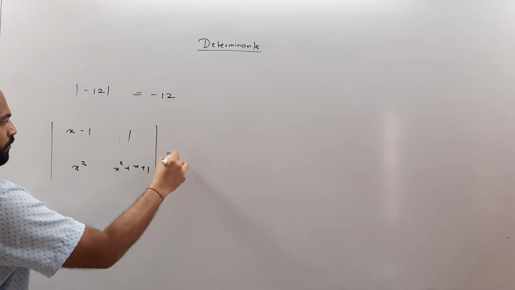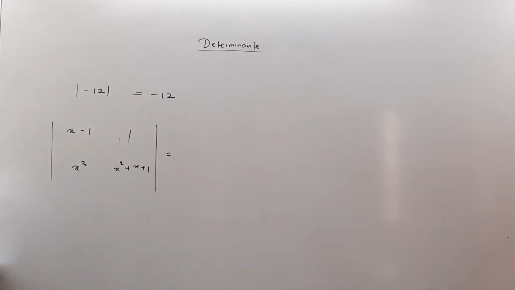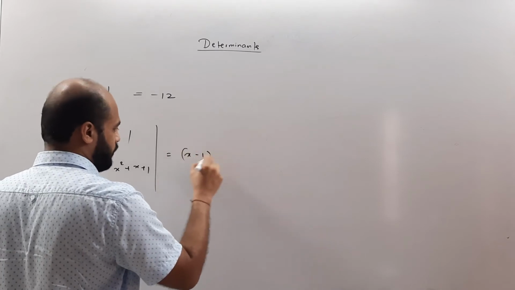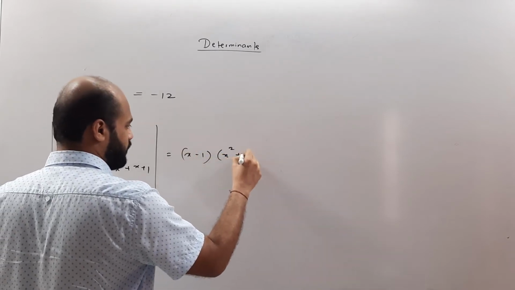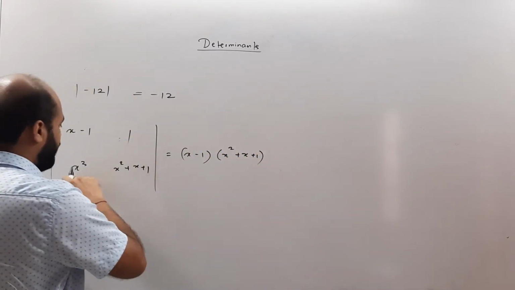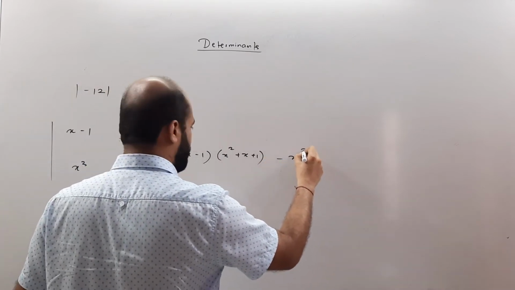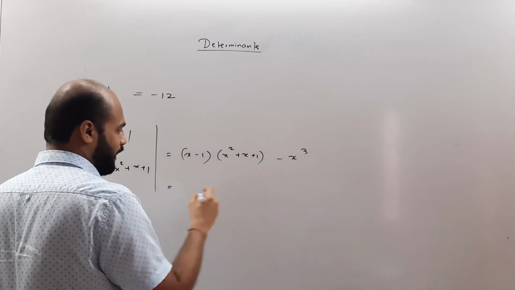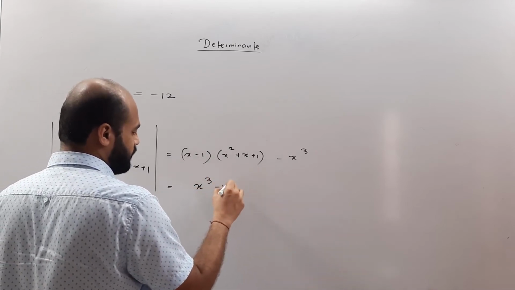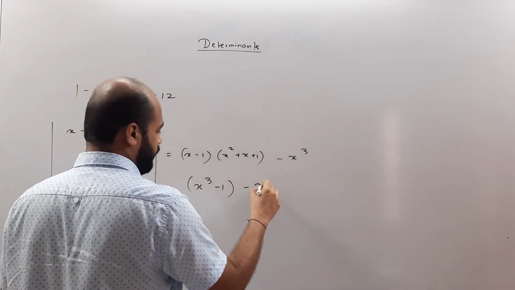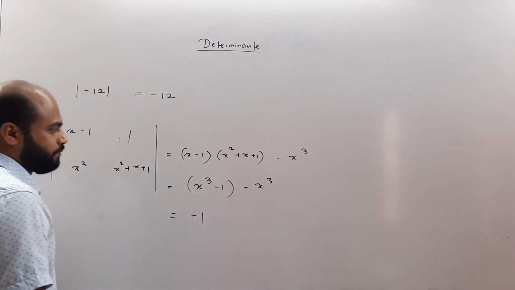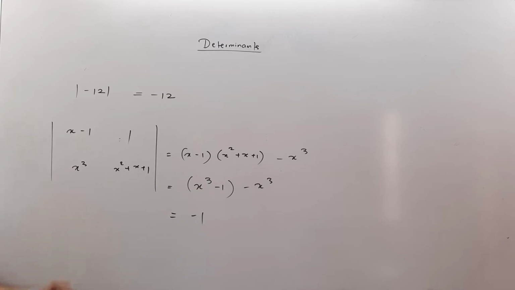We need to find the value of this determinant. How do we do that? Just cross multiply. So we will get x minus 1 into x square plus x plus 1 minus this, which is going to be minus x cube. So this is nothing but the expansion of x cube minus 1 cube, and minus x cube. So x cube and x cube will get cancelled, and what we will get is minus 1. So that is the value of this determinant.